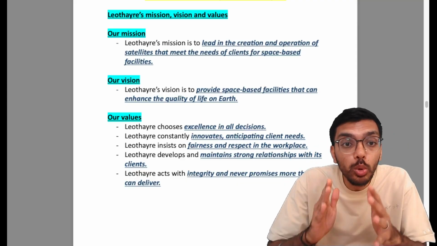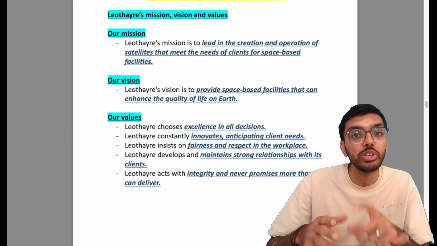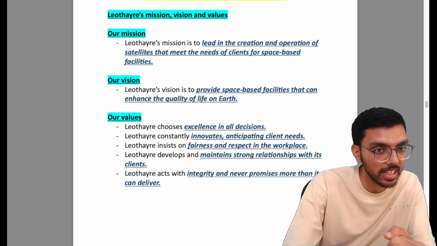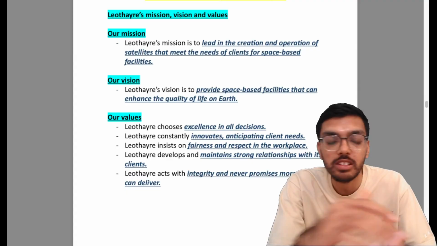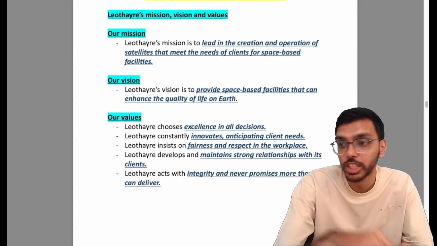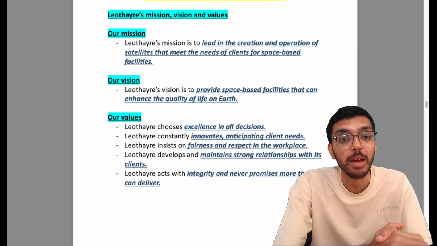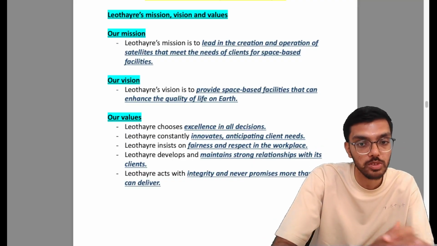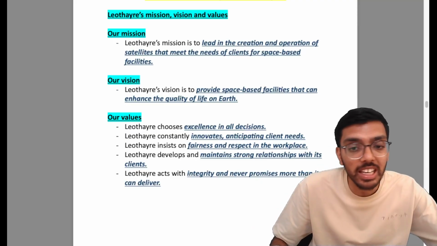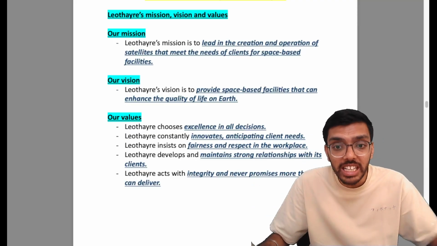Now you need to remember your mission, your vision, your values very clearly and make sure that anything that you suggest in the exam, in your mock questions with me, in your final exam is very true to this mission, true to this vision, true to these values. You cannot suggest something that is completely unethical because your value is integrity.